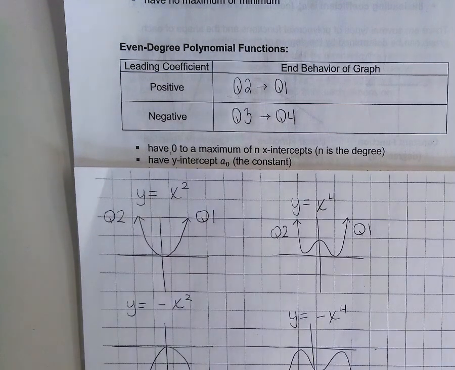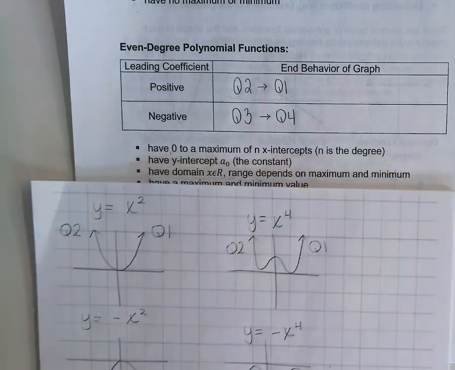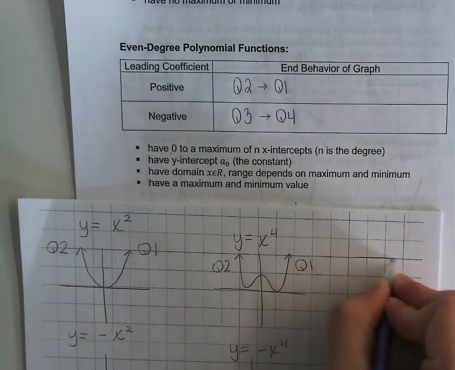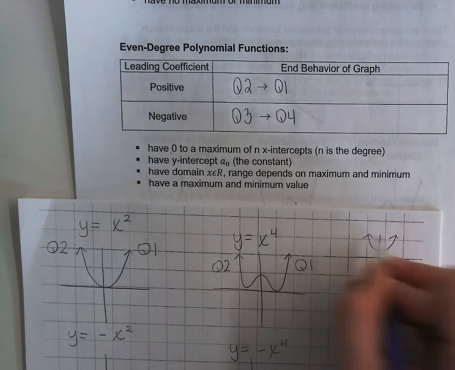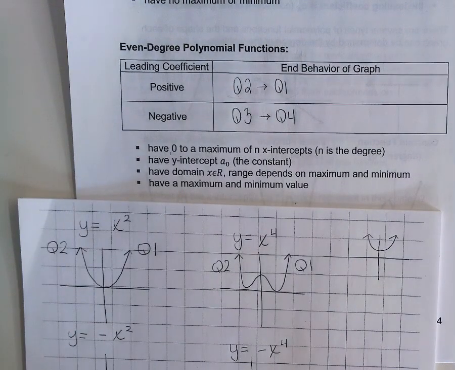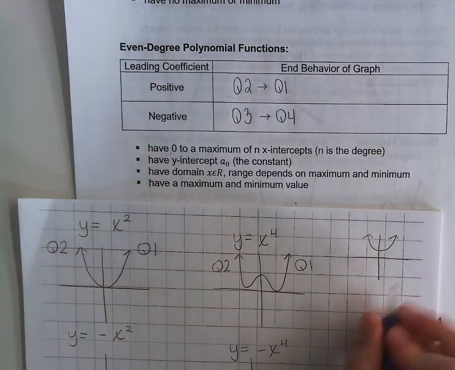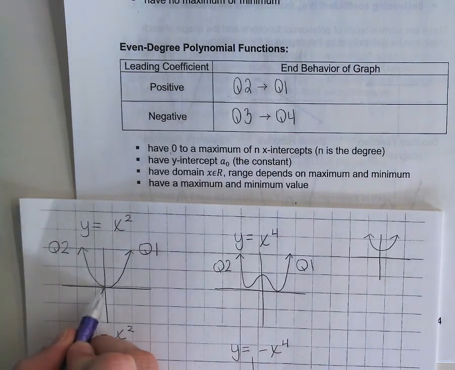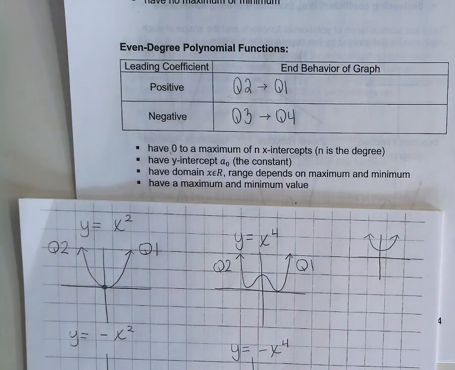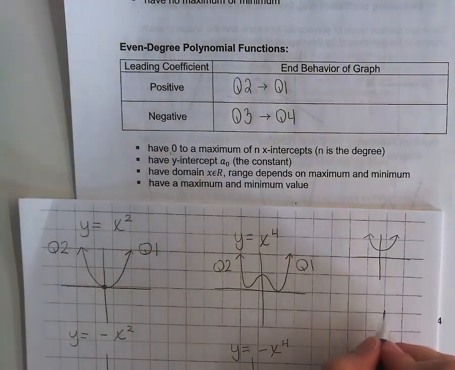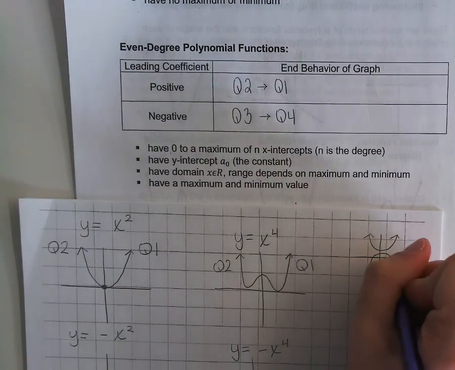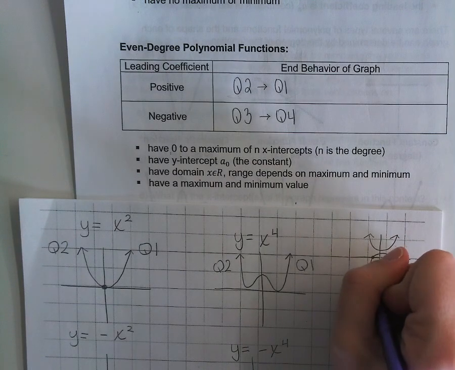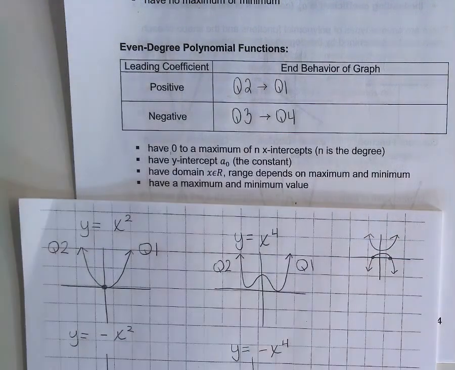We learned this in grade 11 when you were learning about parabolas. Remember that parabolas can have no x-intercepts if they are above the axis. They can have one x-intercept, like this one, because it lands right on the axis. Or they can have 2 x-intercepts if their vertex is not at y equals 0.